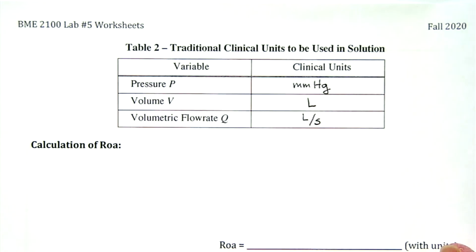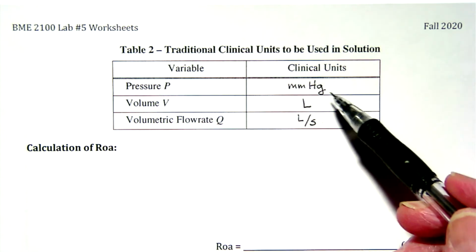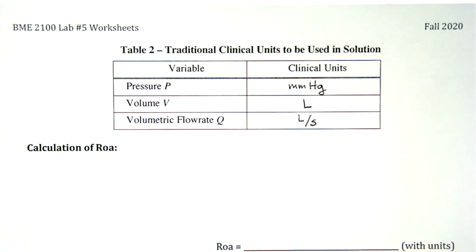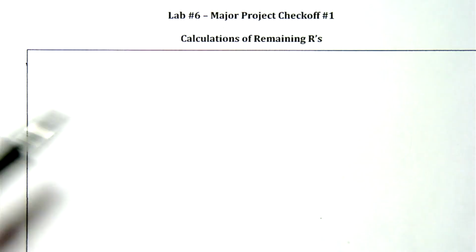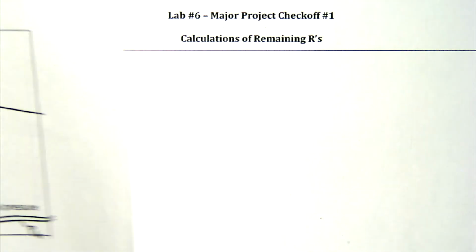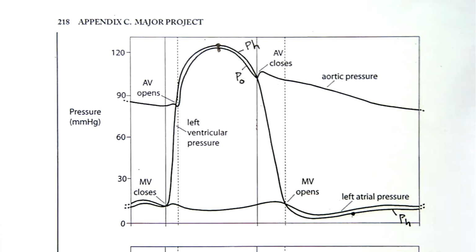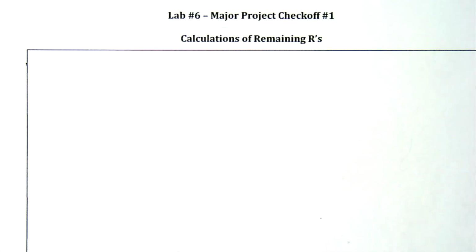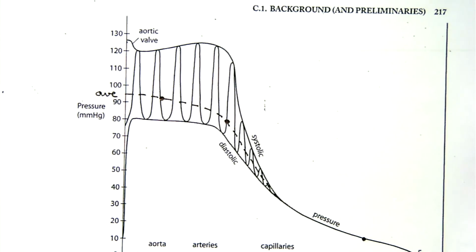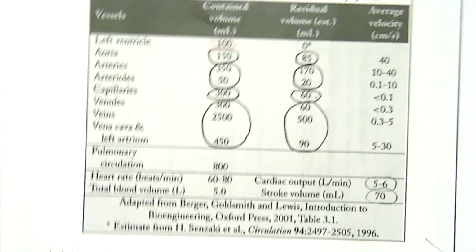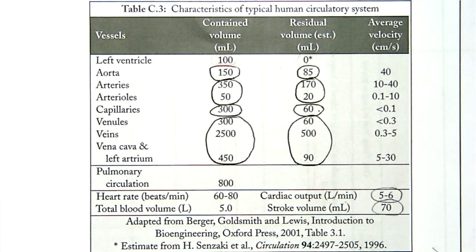We'll use the units that we decided upon, millimeters of mercury, liters, and liters per second for each of those values. And you'll need to refer to such items in the appendix, such as the Wiggers diagram, the pressure loop, and table C3.